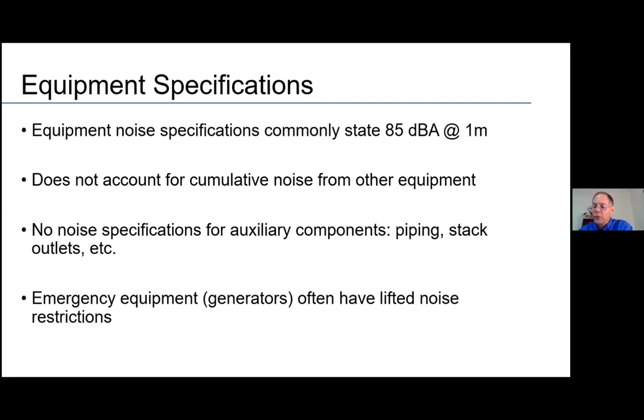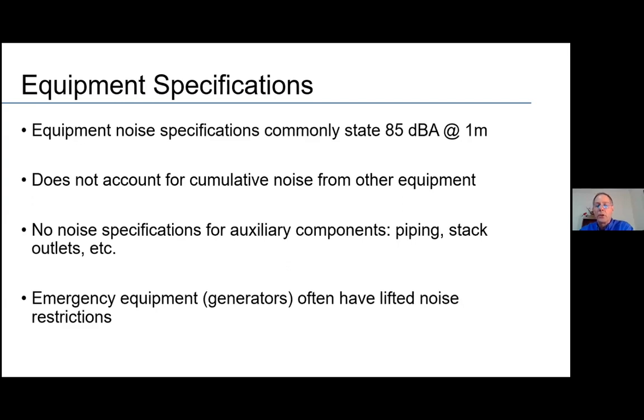Some of the challenges with that are that it is only relative to that specific piece of equipment, and it doesn't take into account anything related to cumulative noise as a result of other pieces of equipment that may be in that same general area or within close proximity. So there's nothing relative to the sum of the noise in a particular area, just that individual piece of equipment.